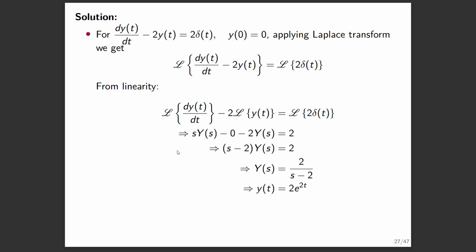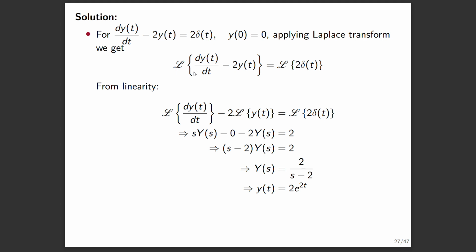Well, I take the Laplace transformation of both sides. On the left-hand side, I have dy/dt minus 2y, and then on the right-hand side, I have 2 delta t. When I take the Laplace transformation of the left-hand side, I notice that I have linearity for Laplace transformation.